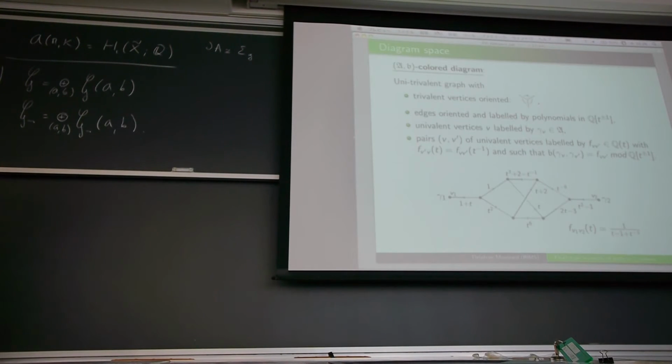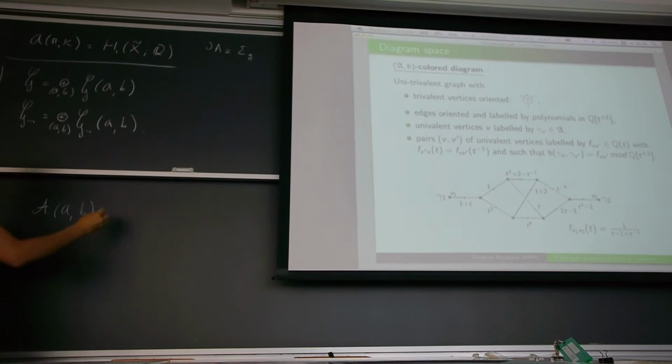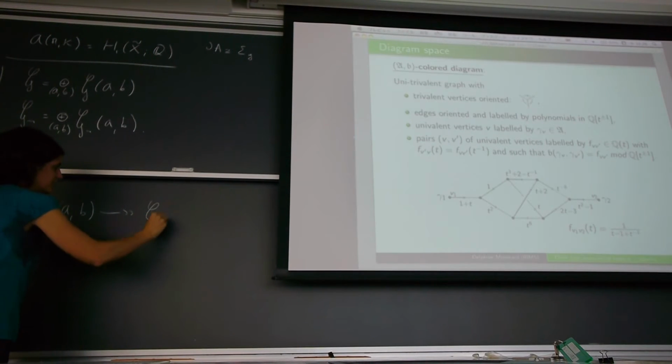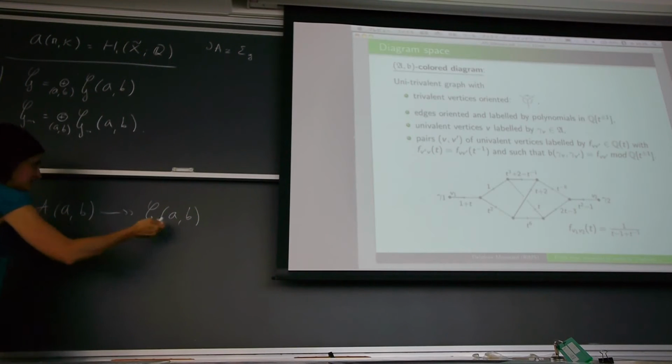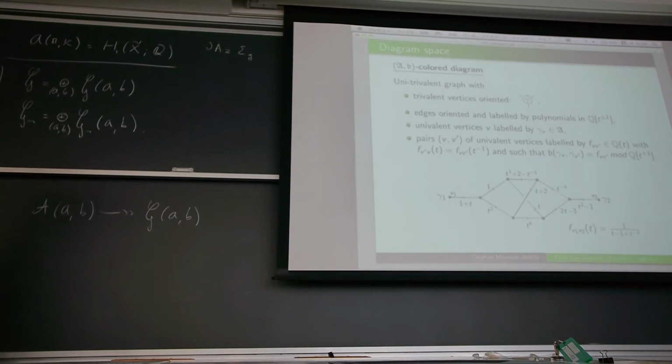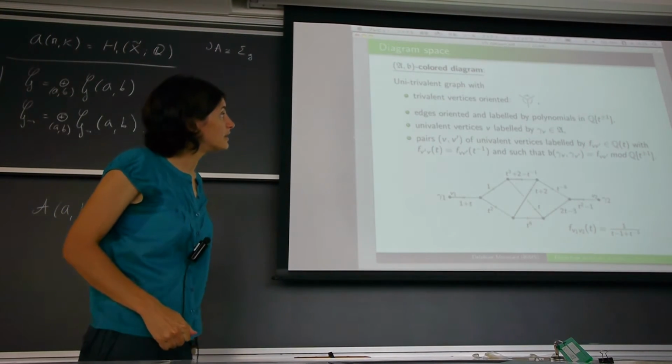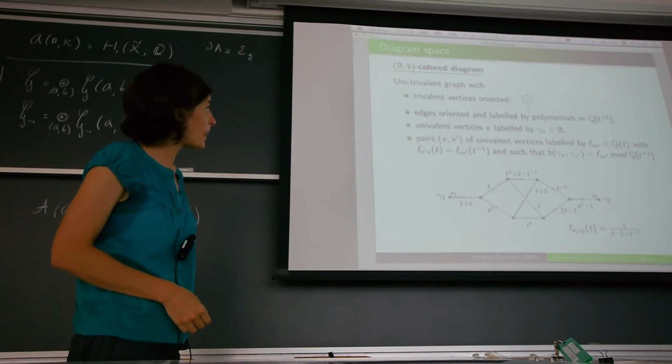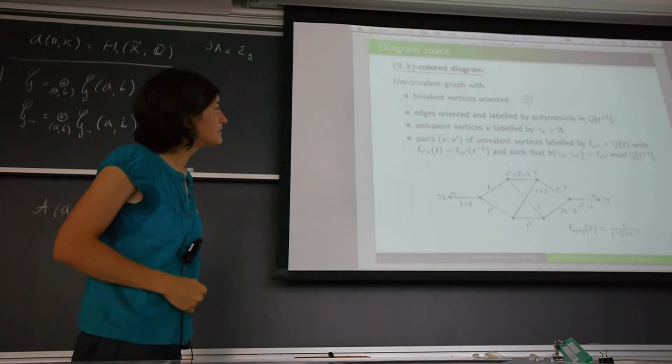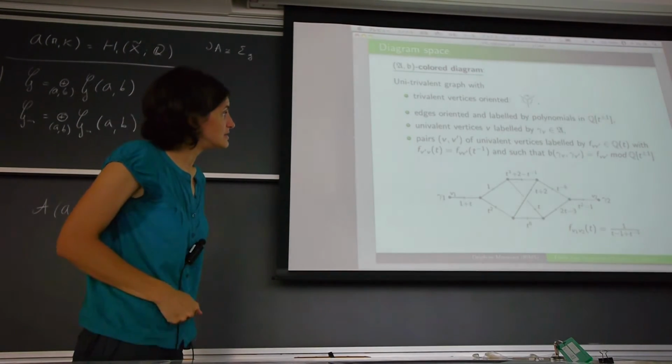So now I want some diagram space describing this space G. So I'm looking for some diagram space depending on the pair AB and some surjective map onto GAB. So I now define the diagrams I will use. We call an AB colored diagram a unitrivalent graph with some conditions and labels.